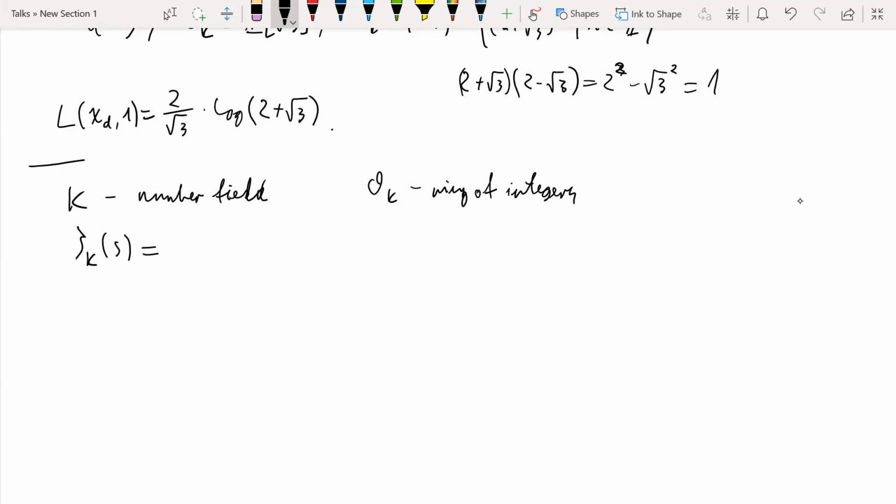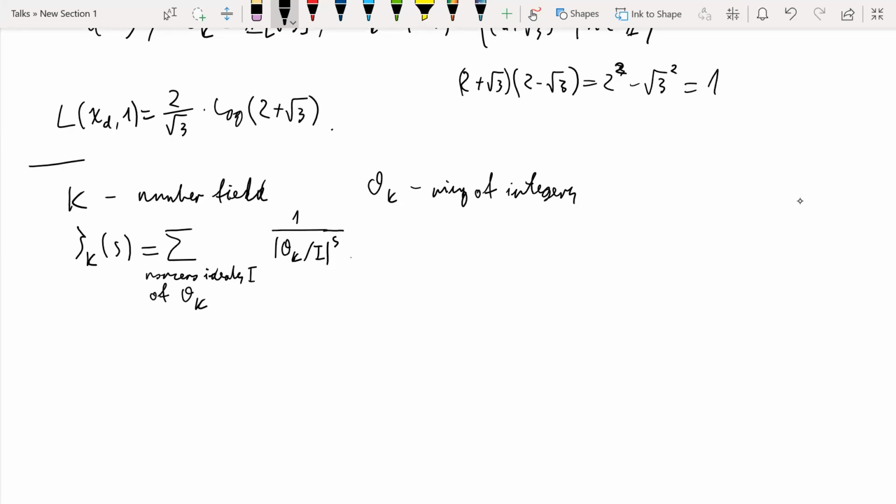We can write it as follows. So it is a sum over non-zero ideals I of O of K. And the sum has terms 1 over the size of O of K divided by I to the power of s.